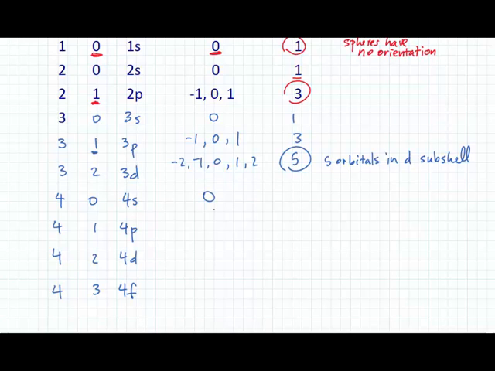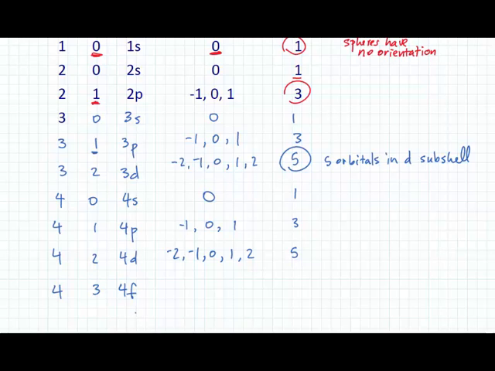0, that's it. Just one of them. Negative 1 to positive 1. There's 3 of those. Negative 2 to positive 2. There's 5 of those. How many f orbitals are there in any f subshell?